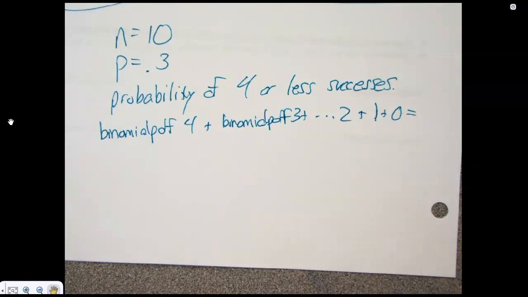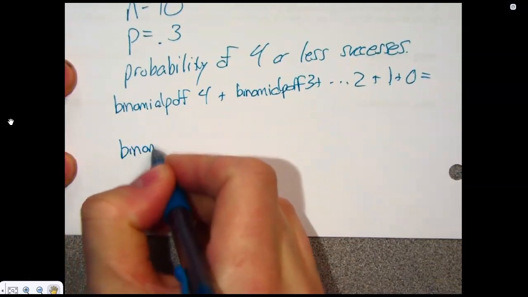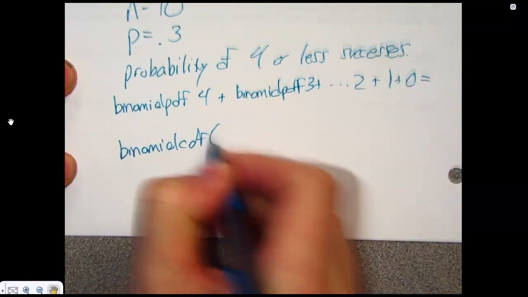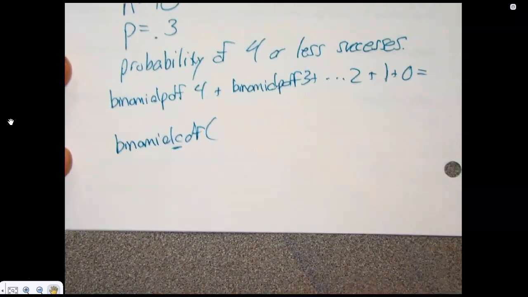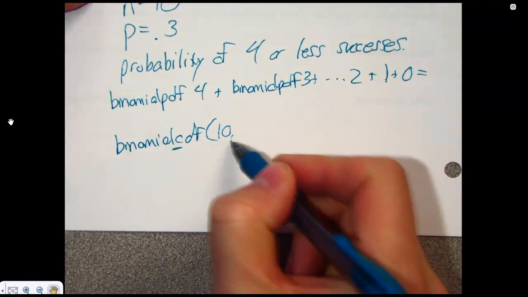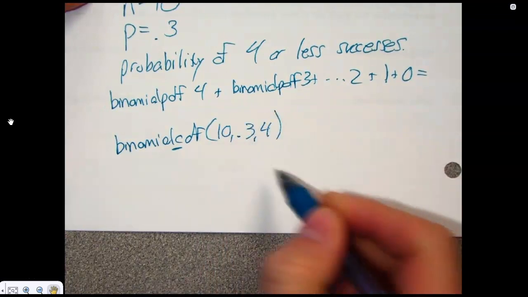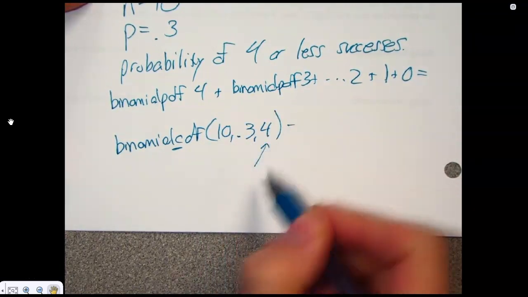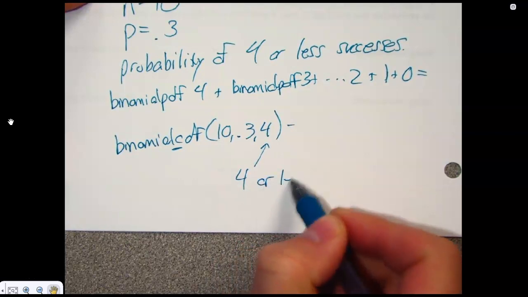So CDF is a cumulative distribution function, and what it does is the number you type in and everything below. So what I would do here is binomial CDF of 10, comma 0.3, comma 4, and what this will find is 4 or less.